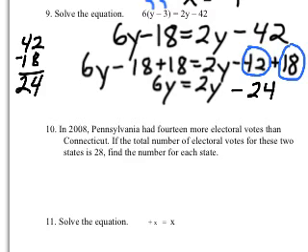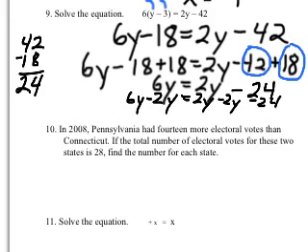All right, so now we have our constants on one side, but our variables are not. So to get all our variables on the left side, we'll need to subtract or add a negative 2y to both sides. So we have 6y plus a negative 2y equals 2y plus a negative 2y minus 24.